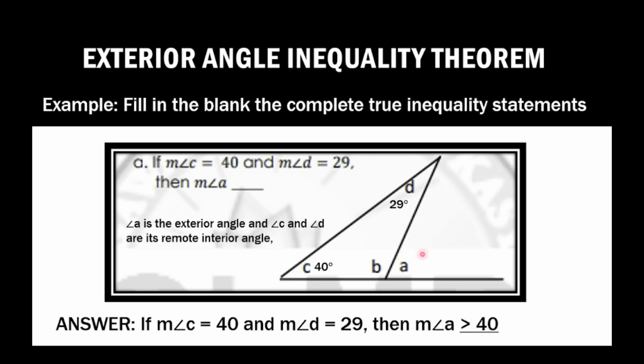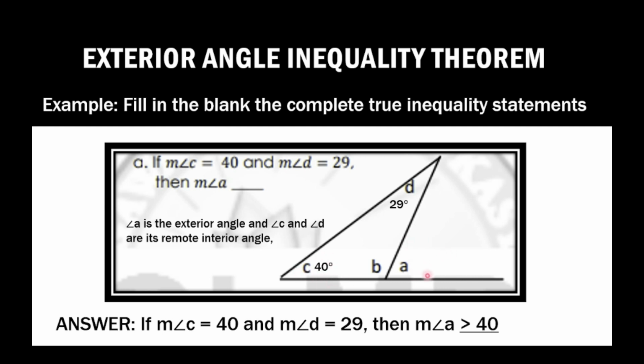So yung measure nitong angle A ay dapat mas mataas sa 40 because that is the highest measure of the remote interior angles. Kasi sabi nga, ang measure daw ng angle A ay greater than either its two remote interior angles. Kapag ang sinagot nyo dyan is greater than 29 lang, magkakaroon kayo ng conflict dun sa answer kasi meron tayong angle C which is 40.